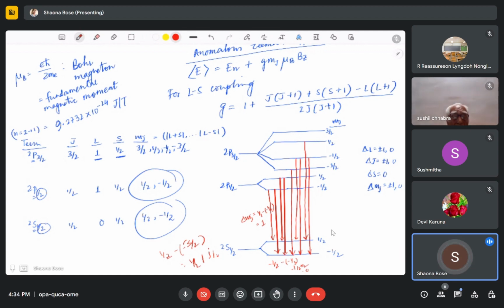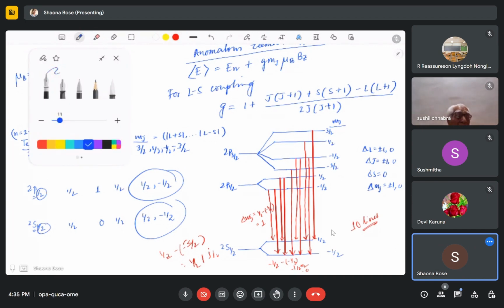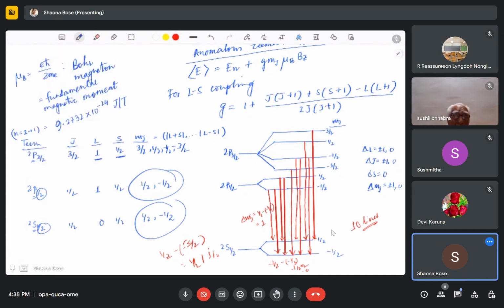Now the 3/2 line, it will have only one transition. Okay, this line. Okay, so how many total lines do we have? 10 lines. I hope this is clear.